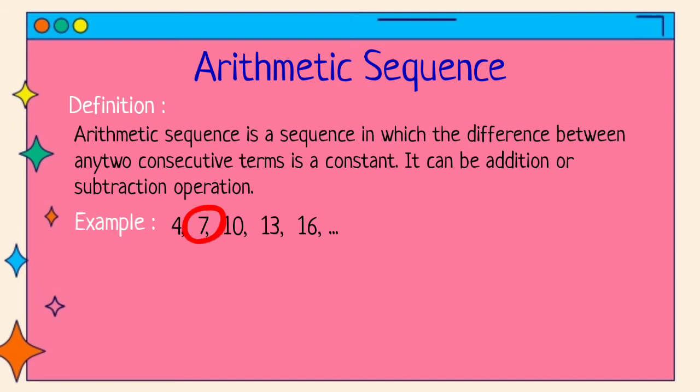The second term is 7. It's obtained by adding 3 to the first term. That is, 4 plus 3 equals 7. The third term is 10. It's obtained by adding 3 to the second term. That is, 7 plus 3 equals 10.